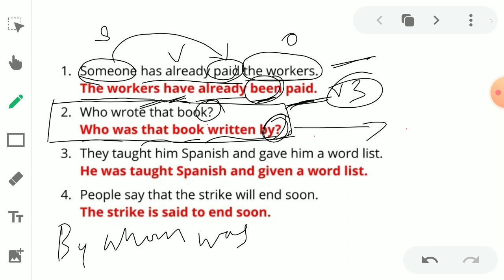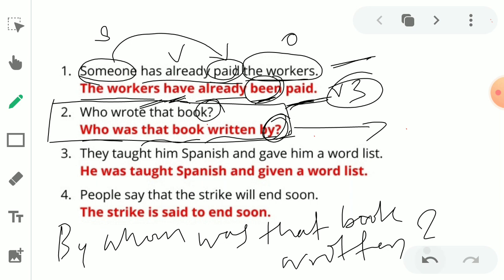By whom was that book written? Yes, put a question mark. So this is another way to write the same sentence. Here what we notice from active to passive is that there is no need of changing its meaning. So the meaning is the same. Okay.